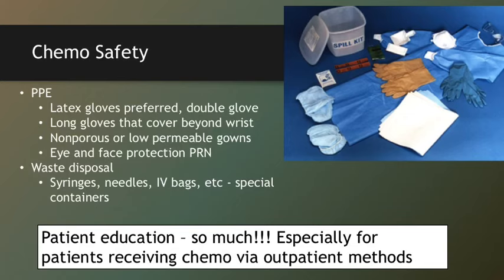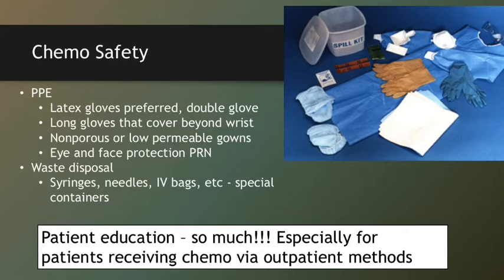All right. Waste disposal, everything needs to stay in the room. How long do you think these chemotherapeutic agents stay in the body until they're eliminated, excreted? 7 days. Some of them stay in the body for 7 days.